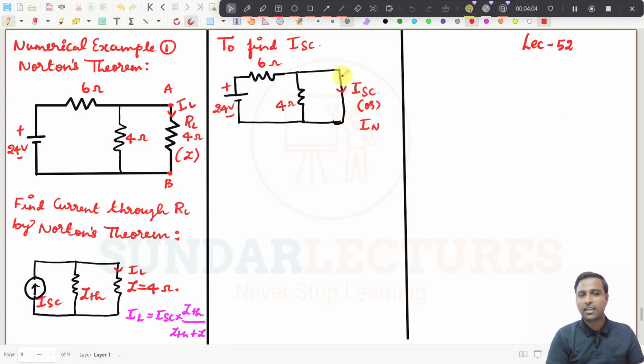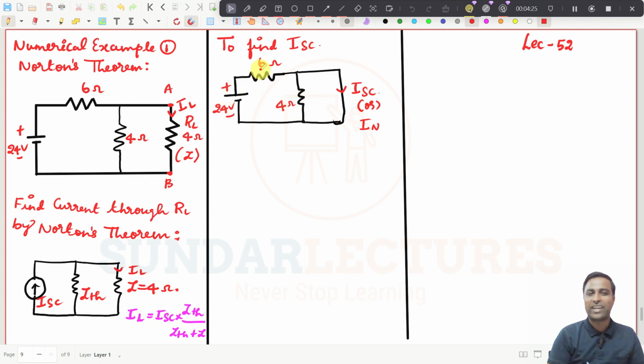The source is 24 volt, this is 6 ohms, and this is 4 ohms. If it is short circuited, then obviously this 4 ohms resistor is shorted and nothing is connected there, because current always takes the low resistance path. So what will ISC be?